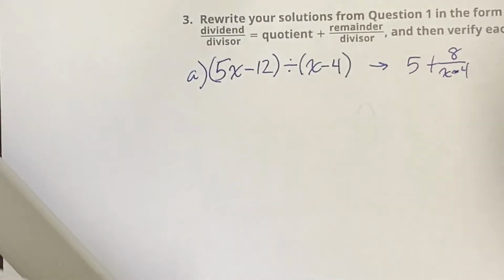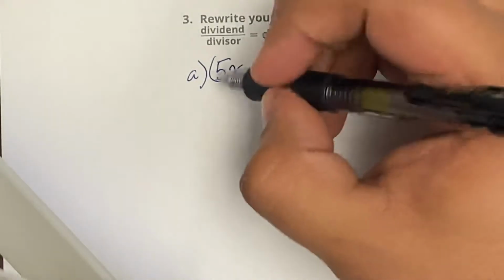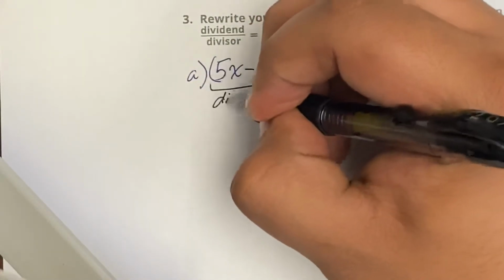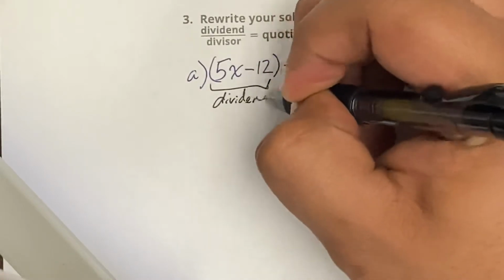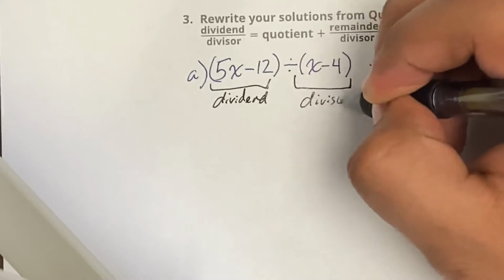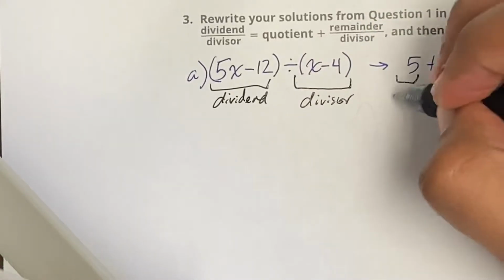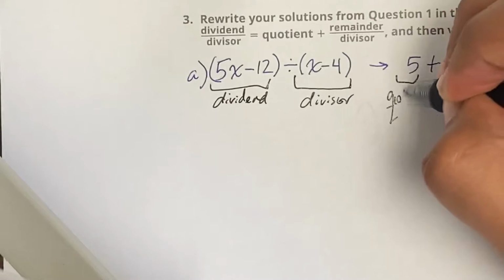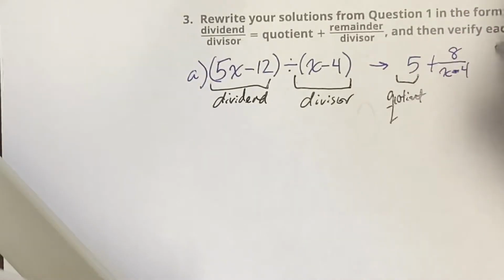Let's identify first what is what. Okay. So this is the dividend. This is the divisor. This is my quotient. This is my remainder.